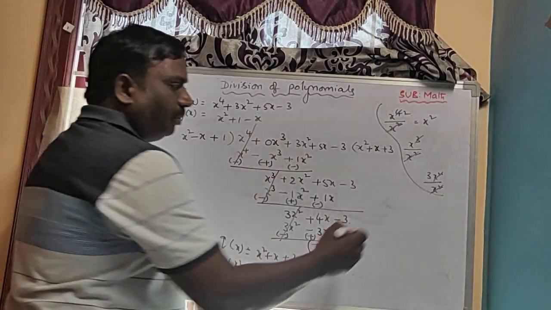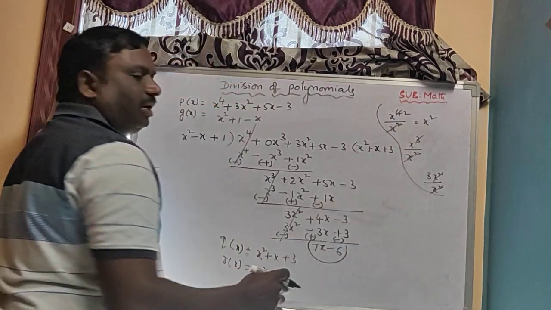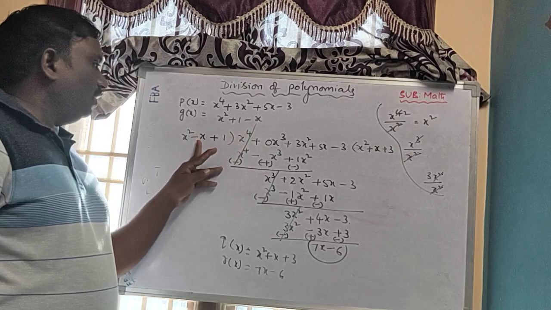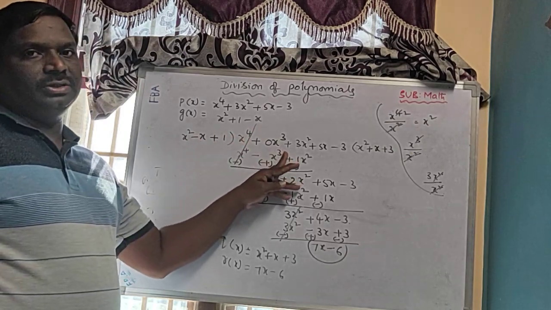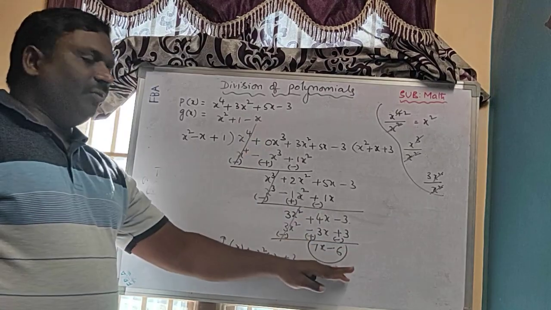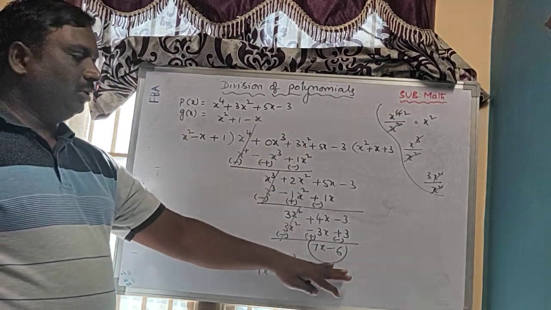I already explained this, no need to explain again and again. So here the remainder is not equal to 0, then g of x is not a factor of p of x. If the remainder is 0, g of x is a factor of p of x. It depends upon this.